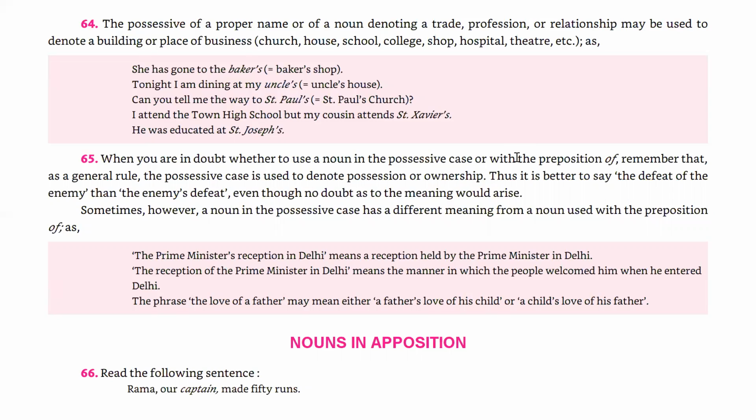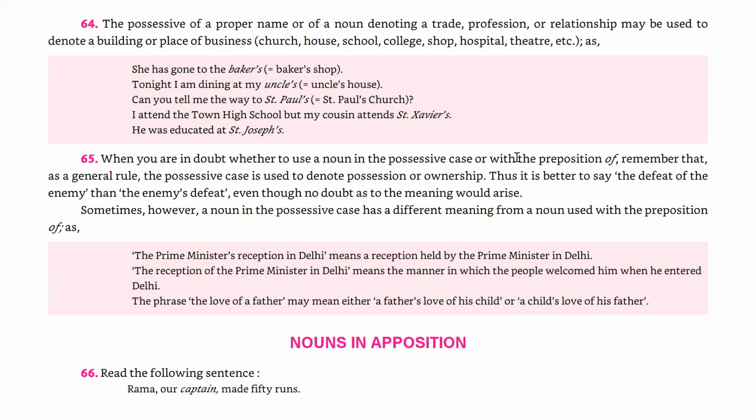Can you tell me the way to St. Paul's? Which means St. Paul's Church. I attended the town high school, but my cousins attend St. Xavier's. When I say St. Xavier's, I refer to the school run by the St. Xavier Foundation. He was educated at St. Joseph's, means St. Joseph's High School.